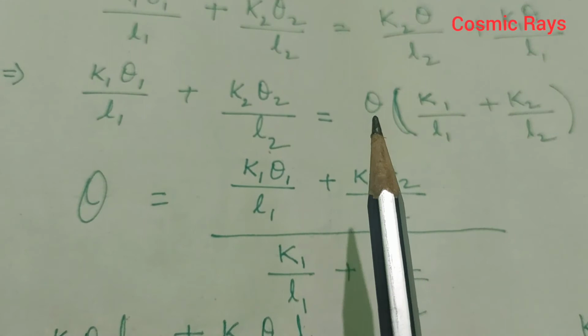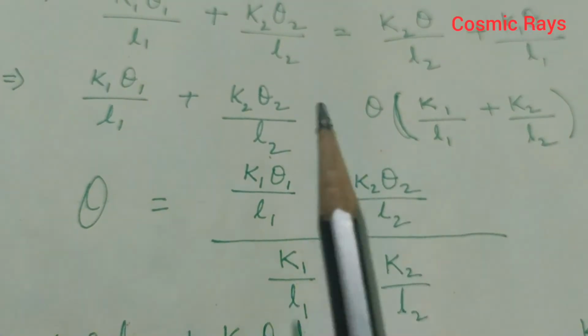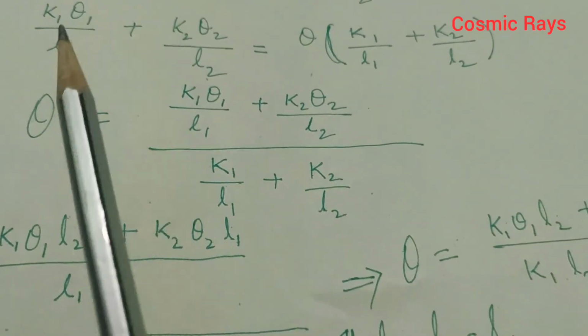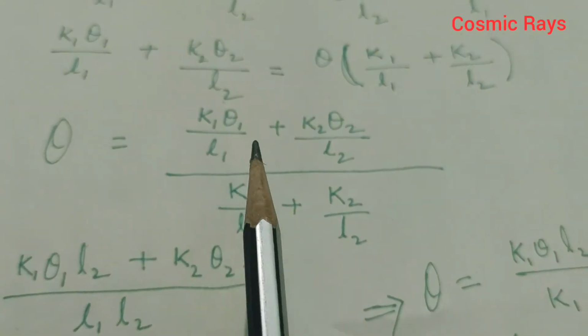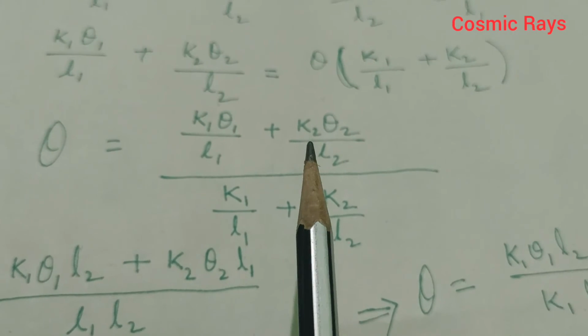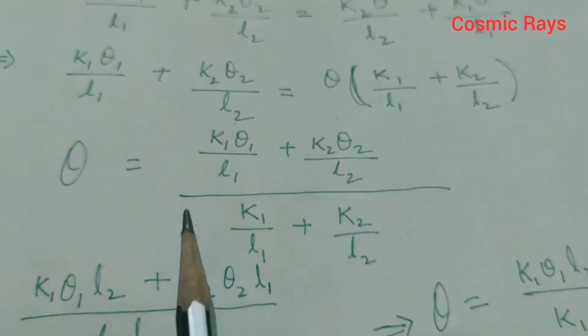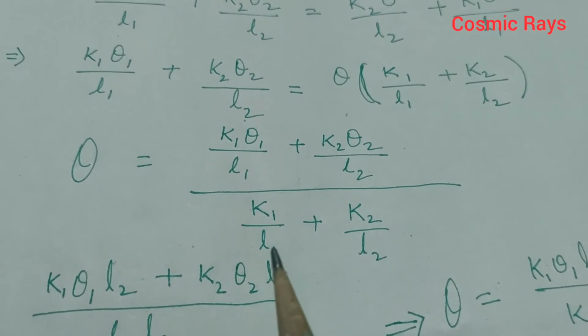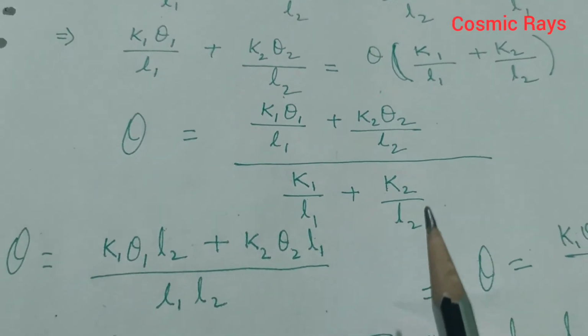So we keep theta on one side and remaining things are taken to the other side. So theta is equal to K1 theta 1 upon L1 plus K2 theta 2 upon L2, divided by K1 upon L1 plus K2 upon L2.